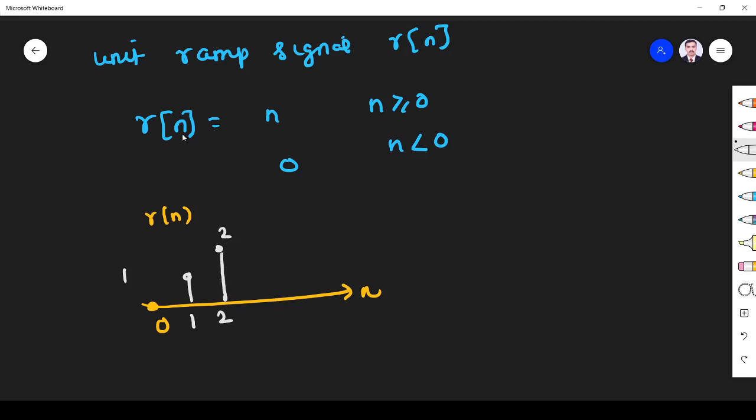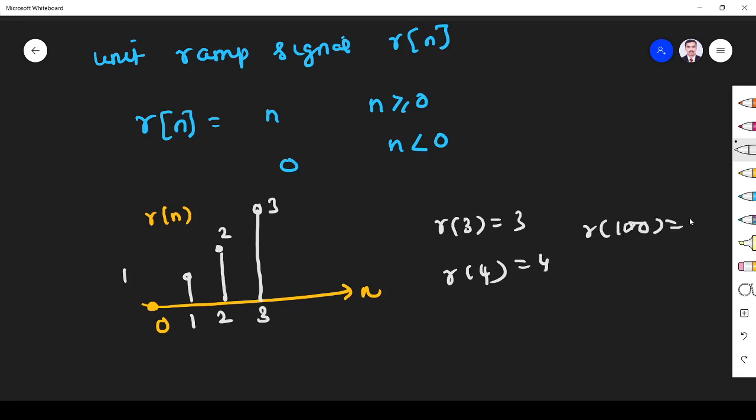When n is equal to 3, r of 3 is equal to 3. Like that it will go. This is the unit ramp signal. So what is the r of 3 value? 3. Similarly, when n is equal to 4, r of 4 is 4. r of 100 is nothing but 100. This is the unit ramp signal.